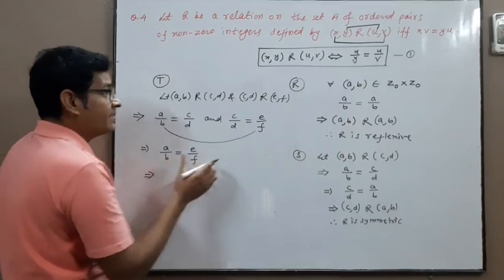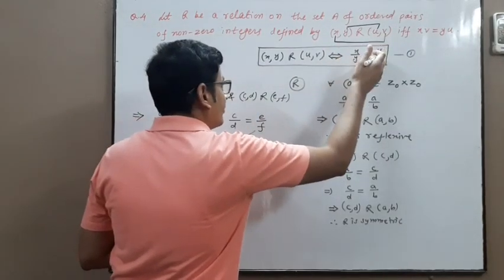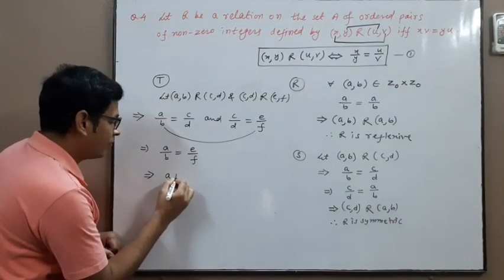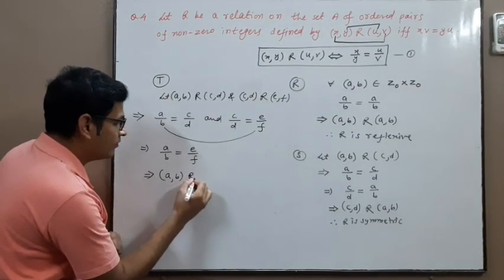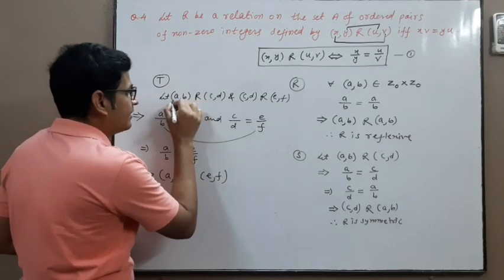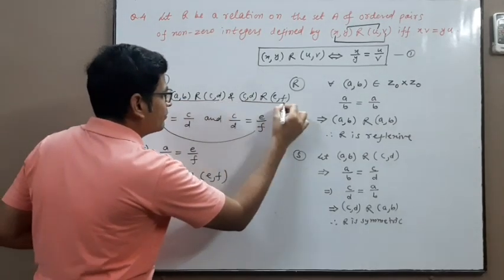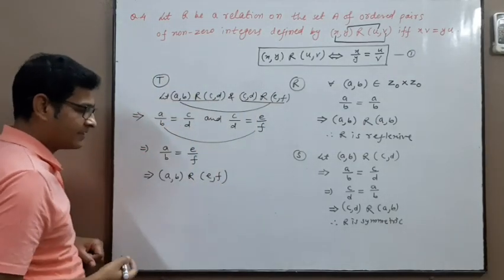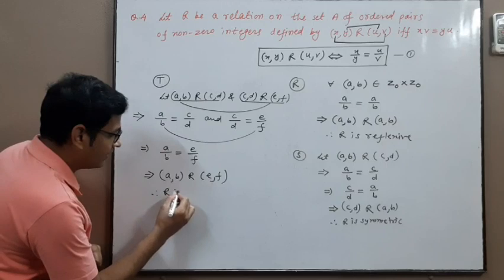Implies, by definition of x upon y equal to u upon v, then (x, y) is related to (u, v), so (a, b) is related to (e, f). (a, b) is related to (c, d), (c, d) is related to (e, f), and (a, b) is related to (e, f). It means this relation is transitive. Therefore R is transitive.